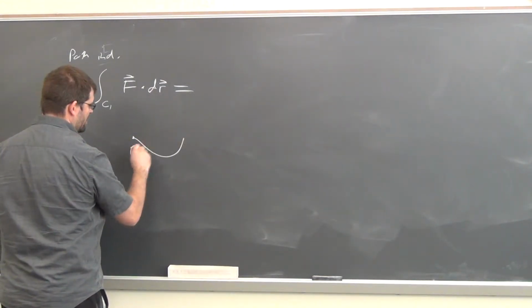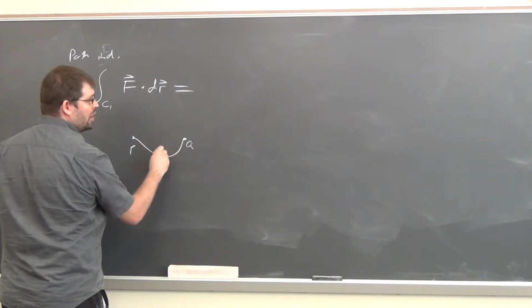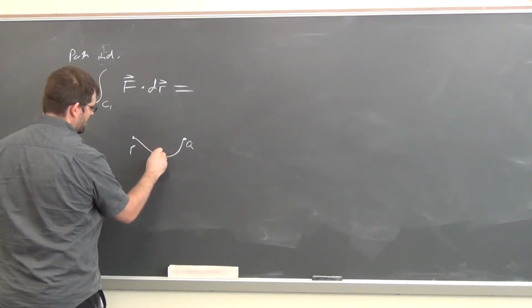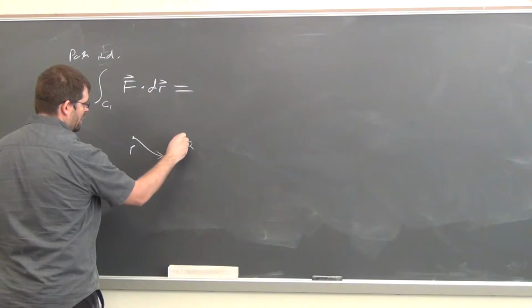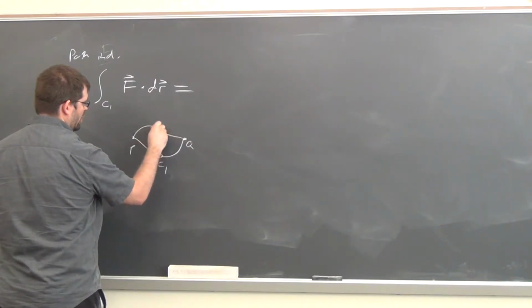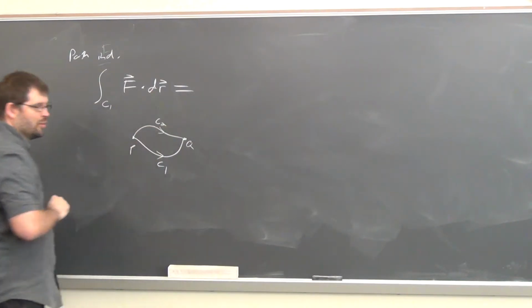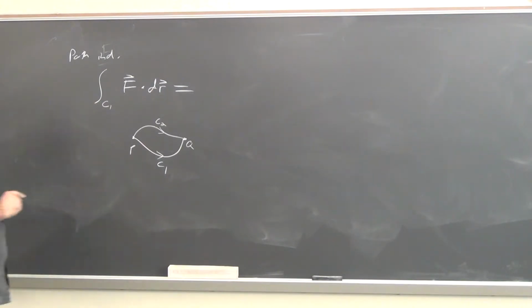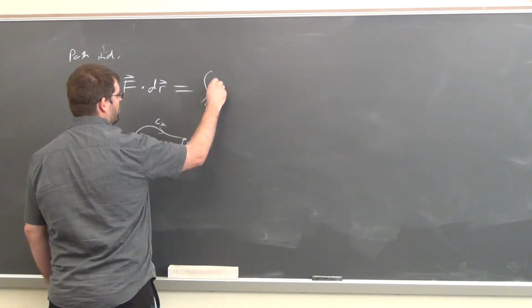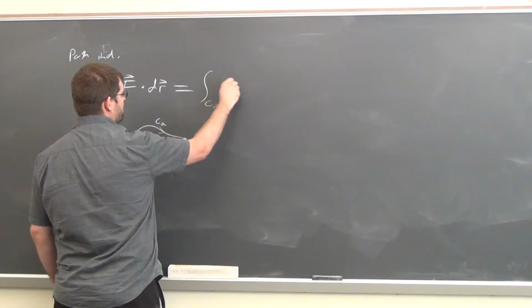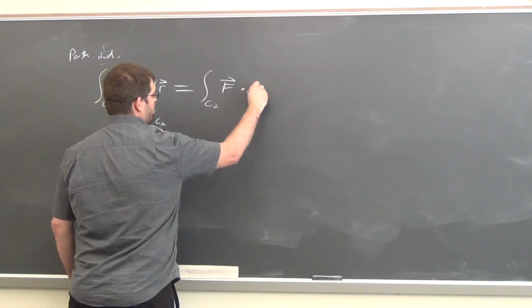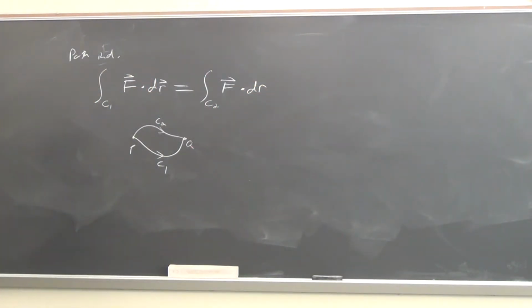You're going from some P to some Q along C1, and then you might also go along some C2, right? And if these two are equal, that's what it means to be path independent.